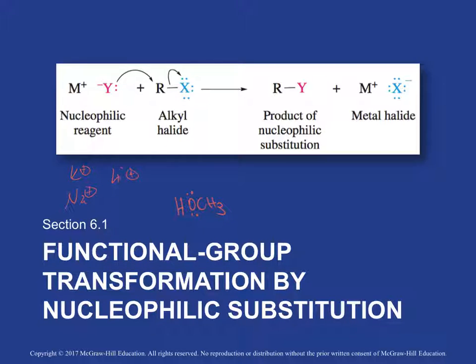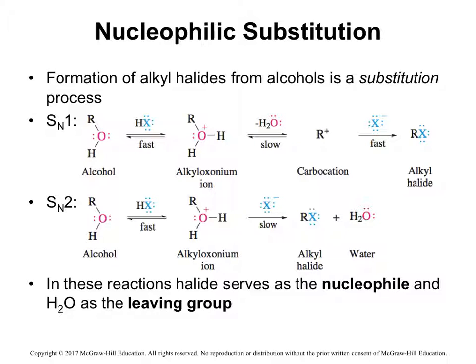So why did I go through all that spiel? First of all, I guess we could also review this. So for Sn1 or Sn2, every single time that you have an acid, you protonate. It's the same first step, and it's fast and reversible. You get this alkyl oxonium ion, which is just a fancy word.